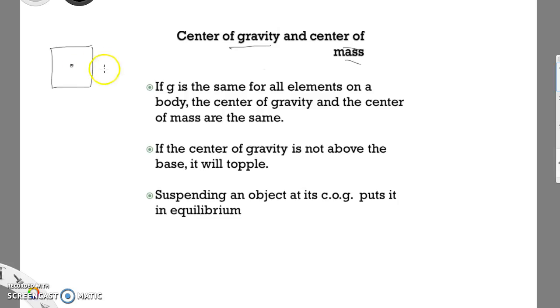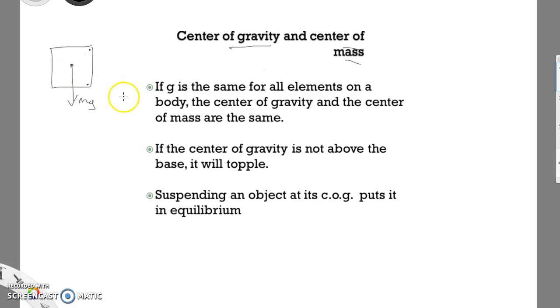If this is the center of mass of a small object, that would also be the center of gravity, the place where gravity acts. And this is true for all objects where G is the same for all parts of it. So if G here and G here are the same, that means that the center of mass and the center of gravity are also the same.